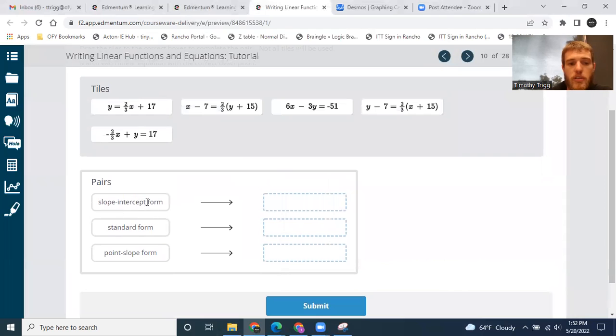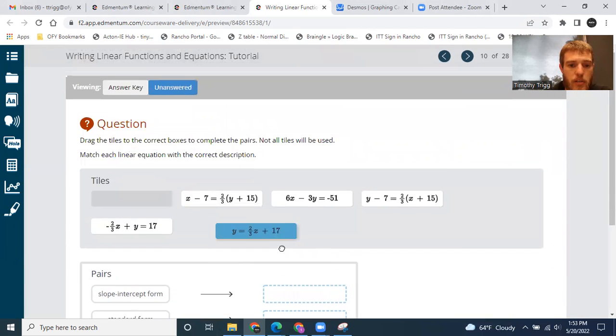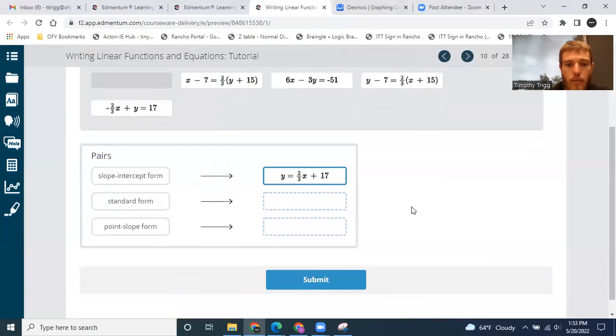First, slope-intercept form, y equals mx plus b. It needs to be in the form y equals, and then mx plus b, which would be this one here. In this example, the slope, or the m, is 2/3. Meanwhile, the y-intercept, the b, is 17.